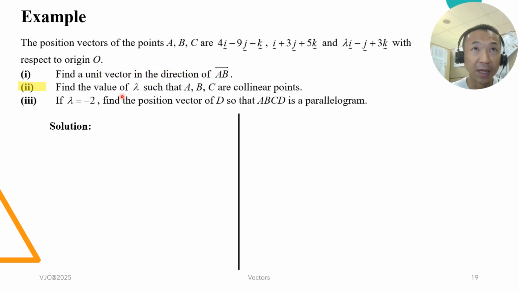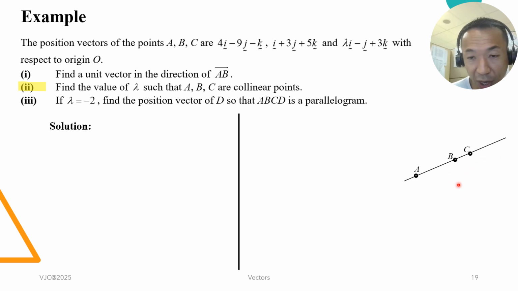Find the value of lambda such that A, B, C are collinear points. Let us recall what is collinear. If 3 points are collinear, it means they lie on the same straight line as what you can see here.